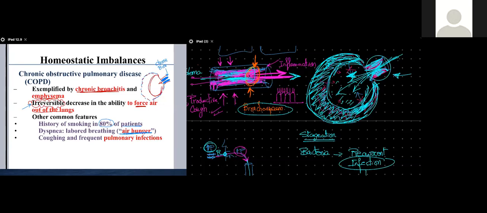Patients will have air hunger. They are breathing deeper, and as I'm breathing deeper, I would be breathing slower than normal, so I have hypoventilation. Coughing and productive cough, and the patients here will develop recurrent pulmonary infections. Yes, so if they develop bronchitis and acute exacerbation of the bronchitis due to an infection, a person develops a pulmonary infection and it gets worse, so they will definitely give him antibiotics.